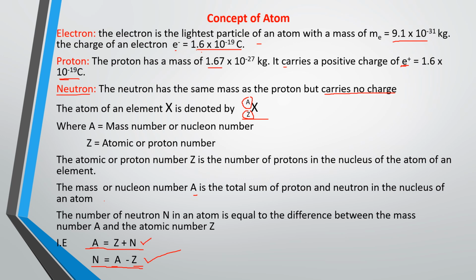So the mass number A is equal to the sum of the atomic number plus the neutron number, while the neutron number is equal to the difference between the mass number and the atomic number. So these two formulas are very important and you just have to take note of them.